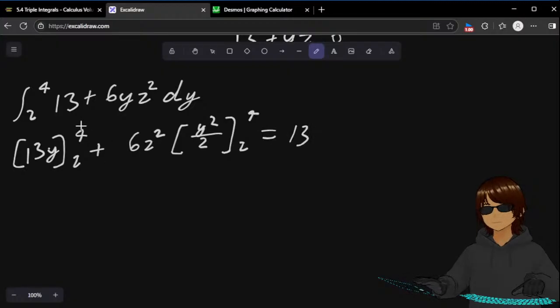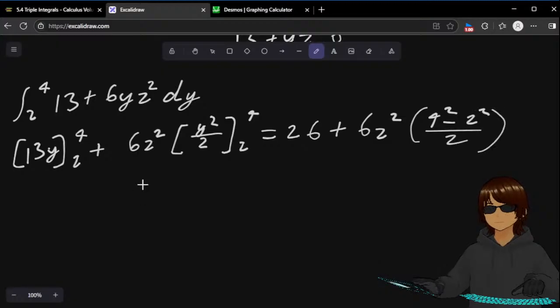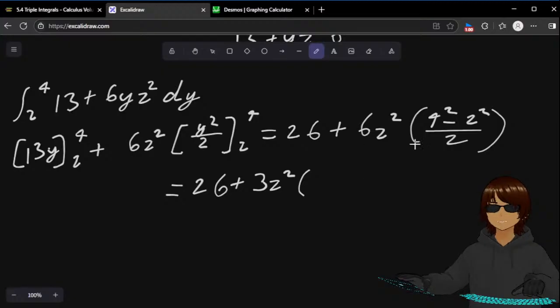You're left with 4 minus 2, plus 6 z squared, 4 squared minus 2 squared. 3 z squared, I'm doing 6 divided by 2.